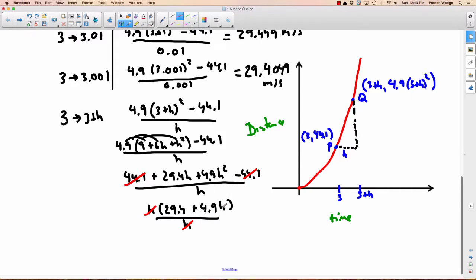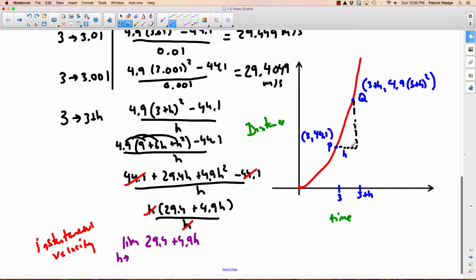But remember, we want our h to be as small as possible. So really, what we're doing here for the instantaneous velocity at time 3 seconds is we want to take the limit of this 29.4 plus 4.9h as h approaches something.